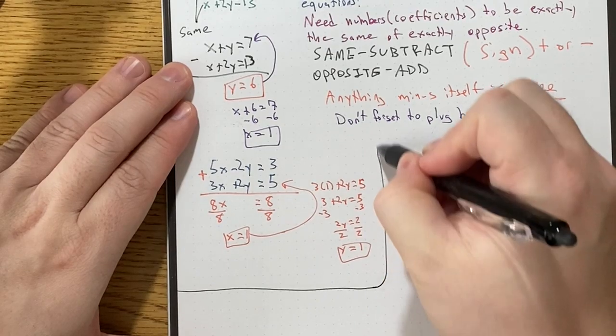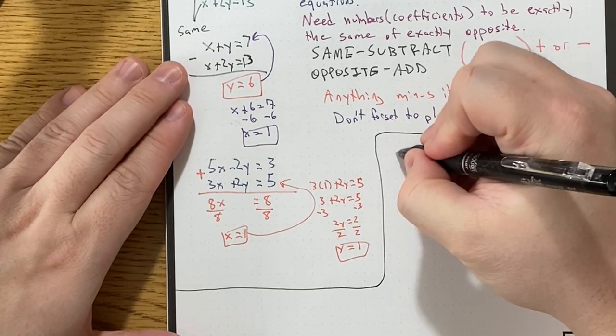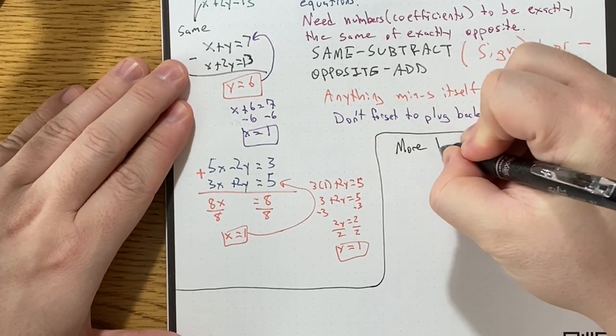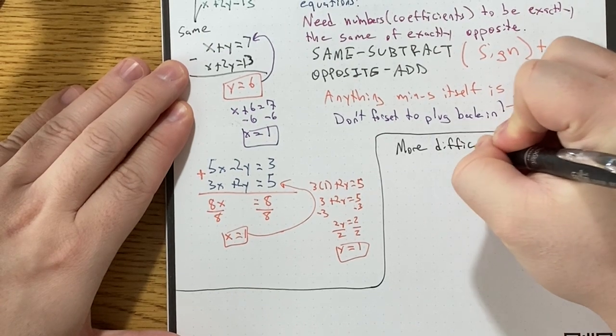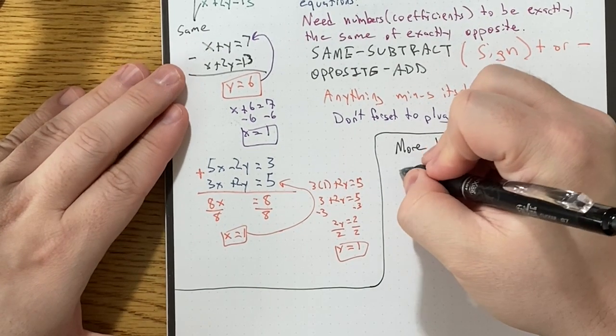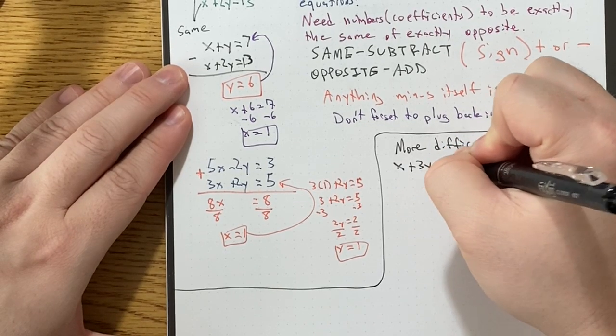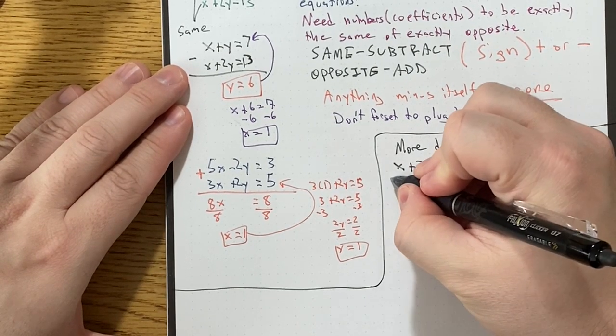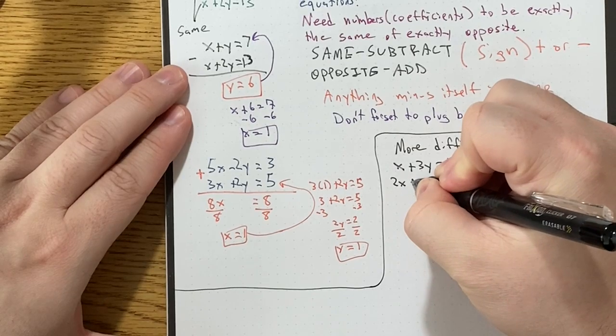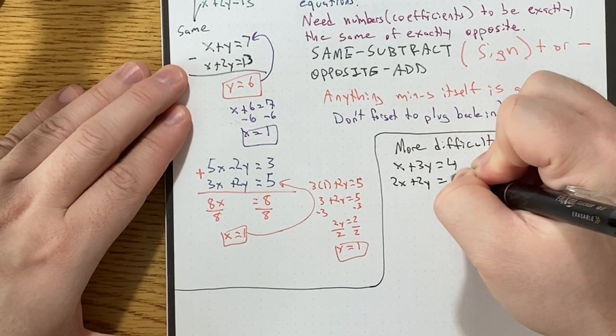So, a more difficult kind of problem you can get would be something like x plus 3y equals 4, and something like 2x plus 2y equals 4.